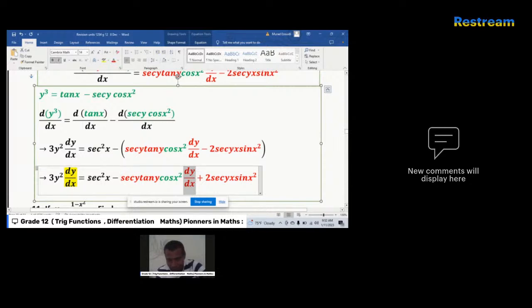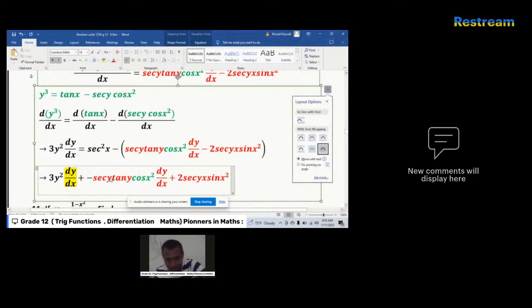So this one I will cut this, which will be plus. Plus sec y, then equal, what, learners? Equal sec x squared.